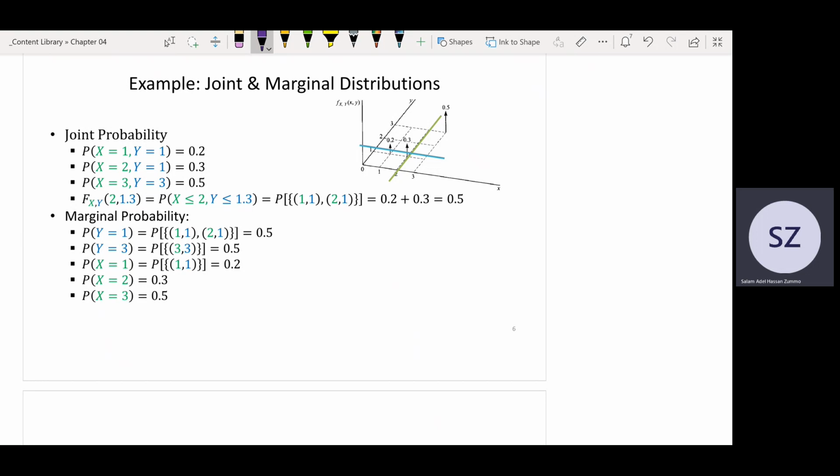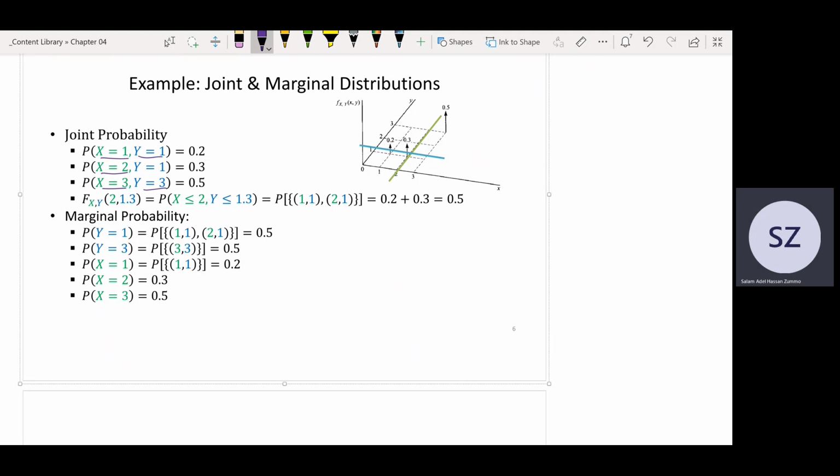This is not relevant. What you need to know is the joint probabilities. X can take values 1, 2, 3, and Y can take values 1, 2 and 3. Okay? So X can take 3 values, Y can take 2 values. And the joint probabilities are given.